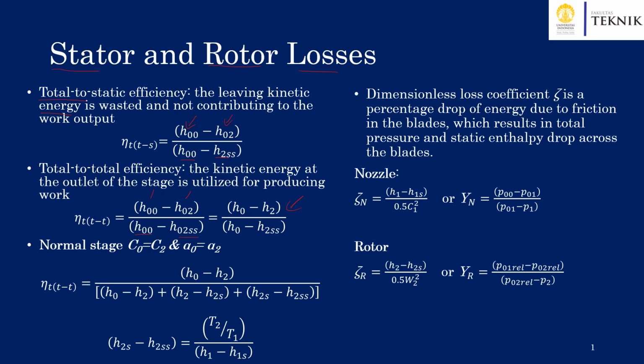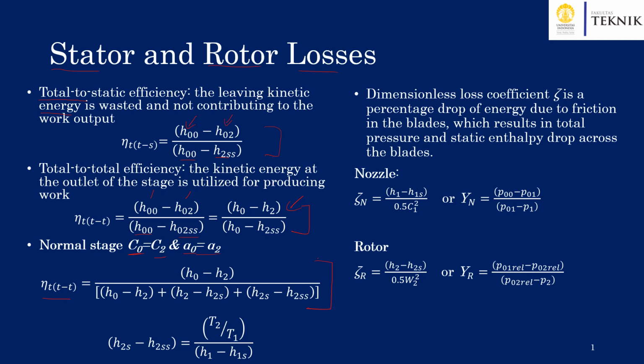And now let's look at the conditions of a normal stage, where the absolute velocity is identical between the inlet of the stator and the outlet of the rotor, and the absolute flow angle is also the same. Therefore, we can rearrange the equation for the total to total efficiencies by combining these.